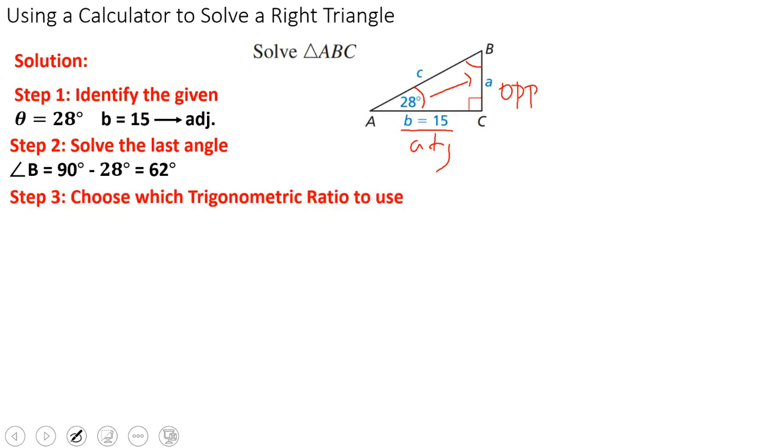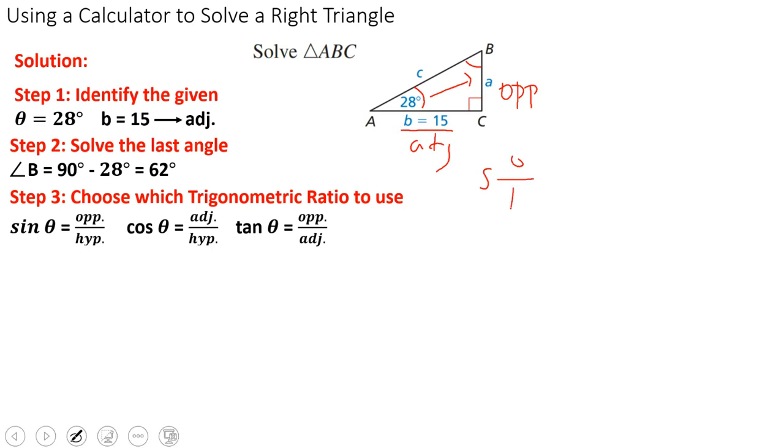Step 3, choose which trigonometric ratio to be used. Again, we focus on the first three trigonometric ratios. We have sine theta, cosine theta, and tangent theta. For sine theta, we have opposite over hypotenuse or SOH.